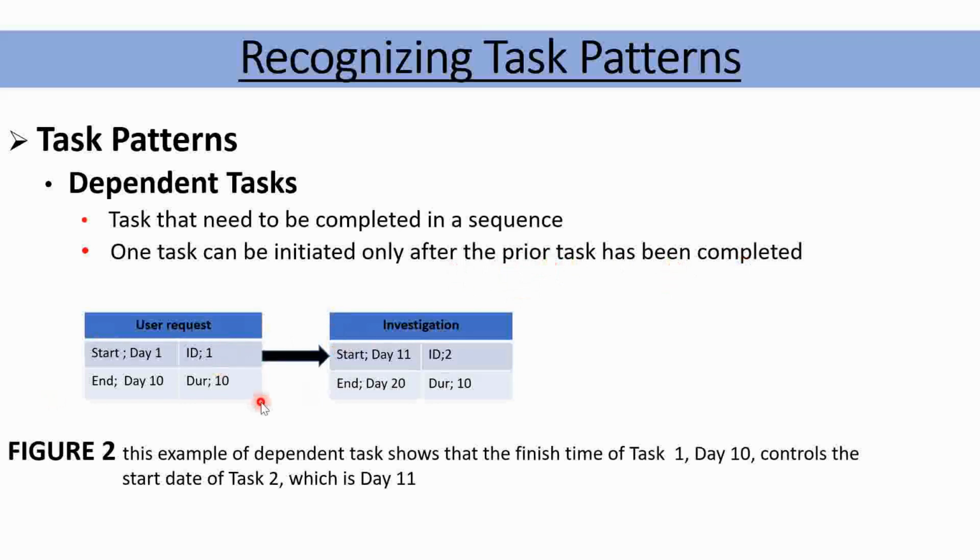Figure 2, this example of dependent task shows that the finish time of task 1, day 10, controls the start date of task 2, which is day 11. It will start on day 11 after this one has been completed. It was completed on day 10, then it will start on day 11. They happen sequentially, one after the other.